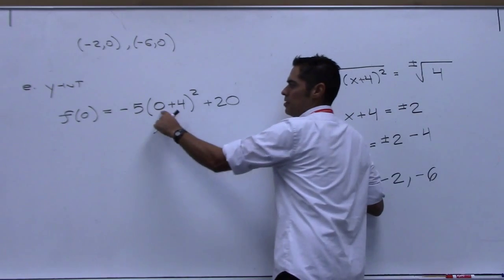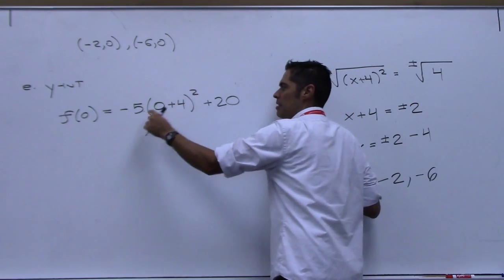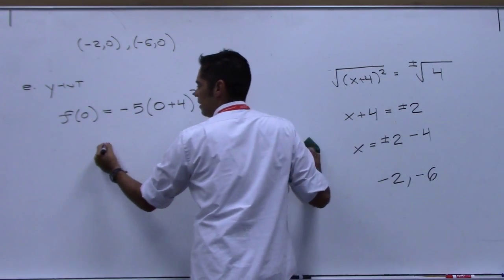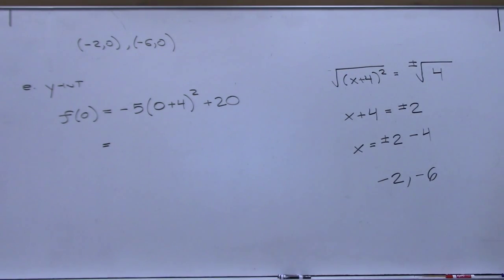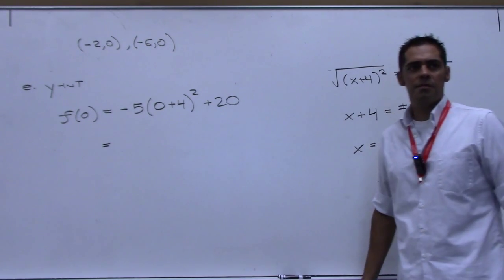See, this is 4 squared is 16. What's 16 times -5? -80. All right. What's 16 times 10?